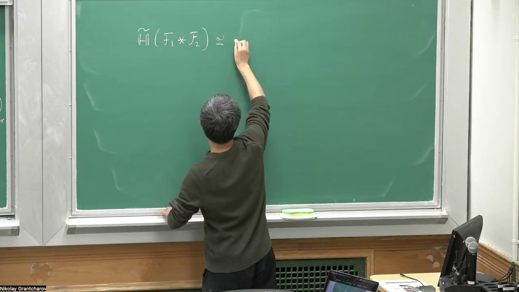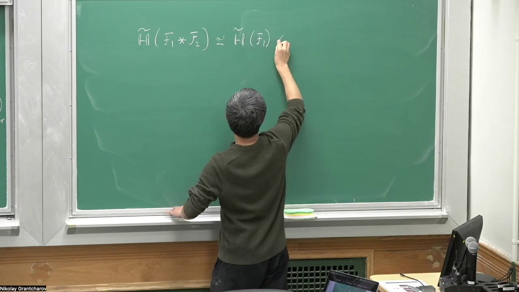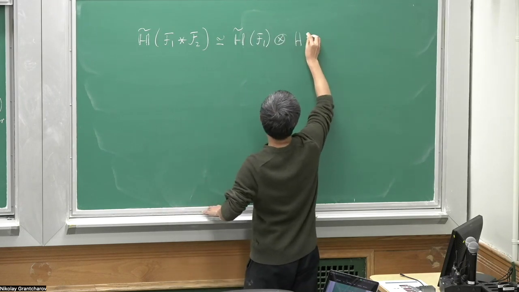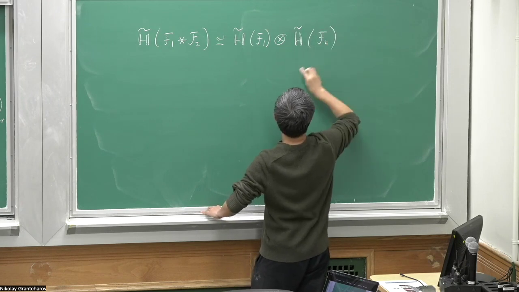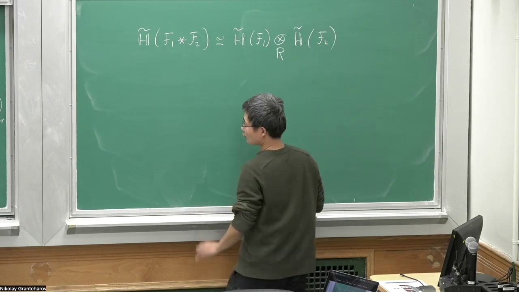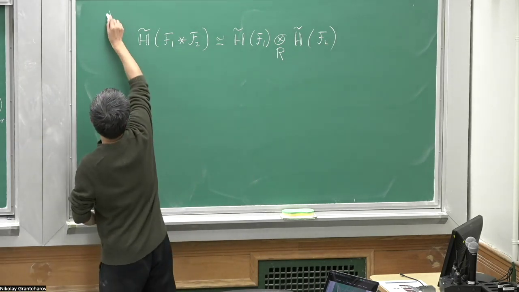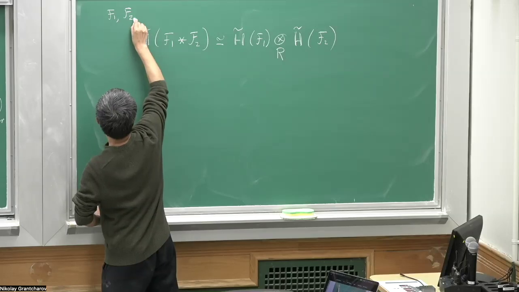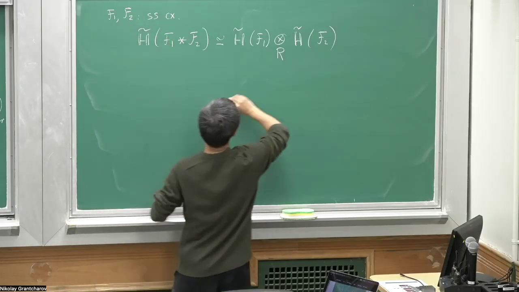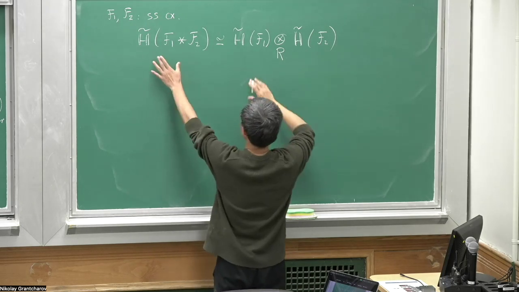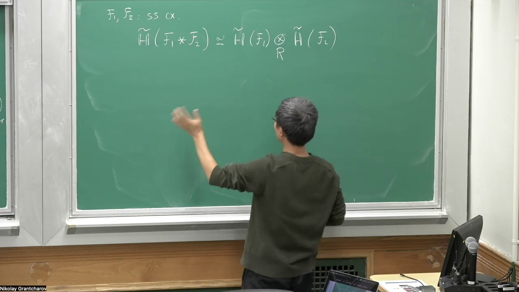This is the same as we take tensor product over the middle copy of R. So F1, F2 are semi-simple, so that all these bimodules inside are free over either copy of R.